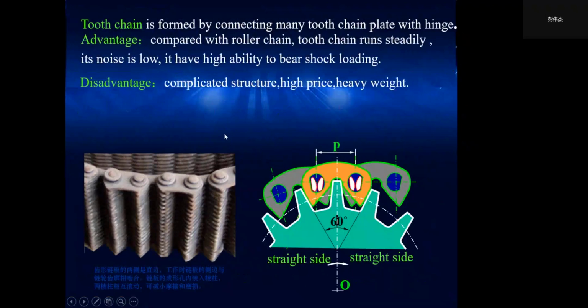Compared with roller chain, tooth chain runs smoothly. Its noise is low. It has high ability to bear shock loading, but it has complicated structure, high price, and heavy weight.